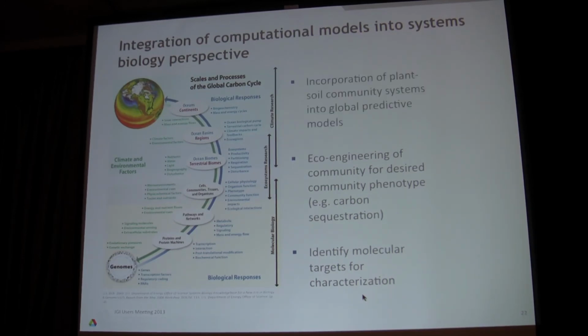The last way, going all the way to the top here, is that these plant soil community systems can be incorporated into global system models of carbon turnover. And one of my hobbies is extrapolating to absurdity. So this particular example combines the community Earth system model data with the Earth microbiome data by way of the models that I've just presented.